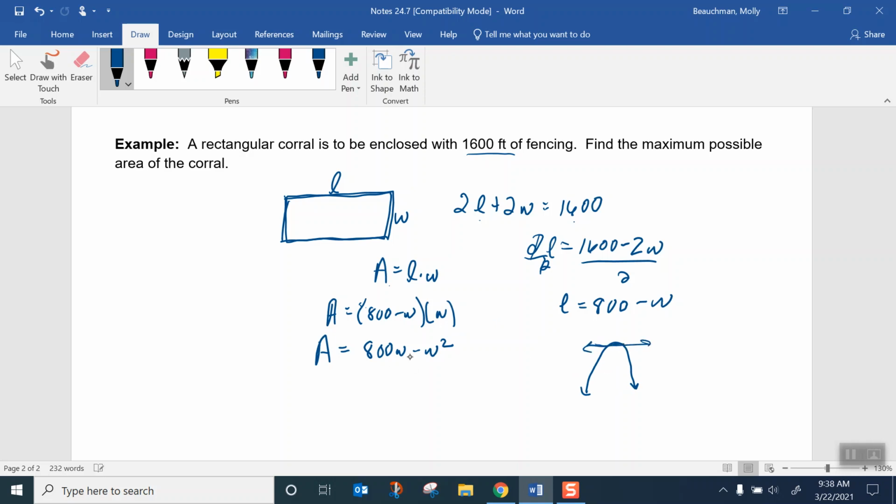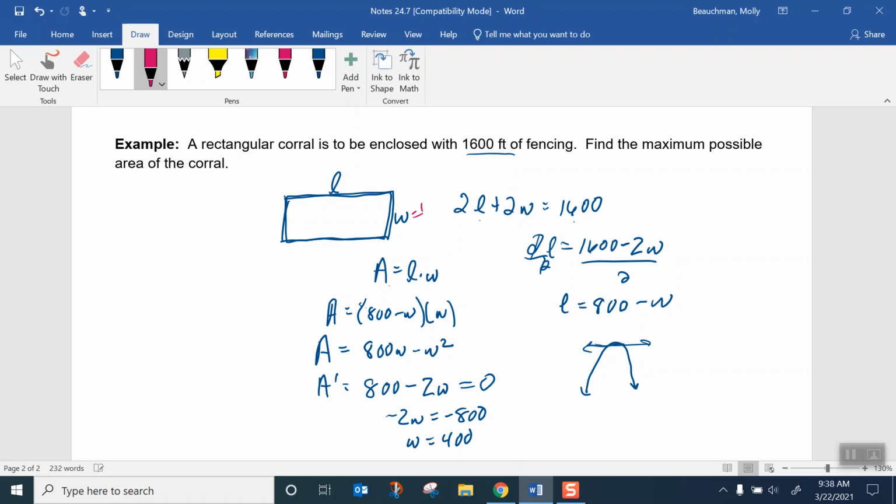What value of width and length would give us a maximum area? So we take the first derivative, A prime is equal to 800 minus 2w, set that equal to 0, we get negative 2w equals negative 800. The width would be 400.